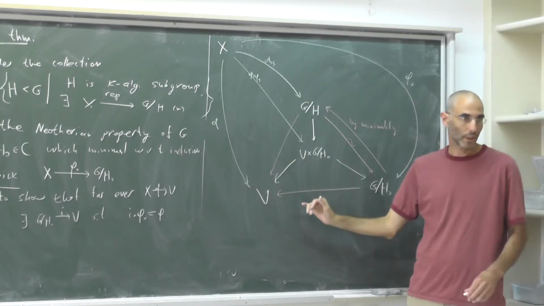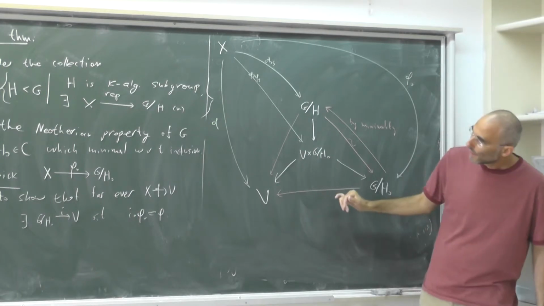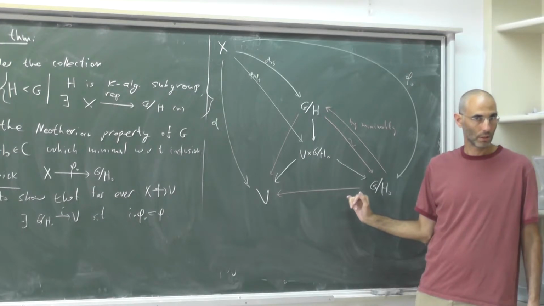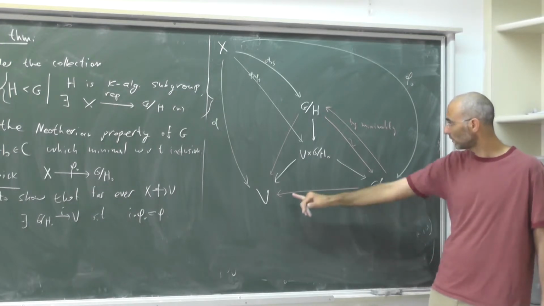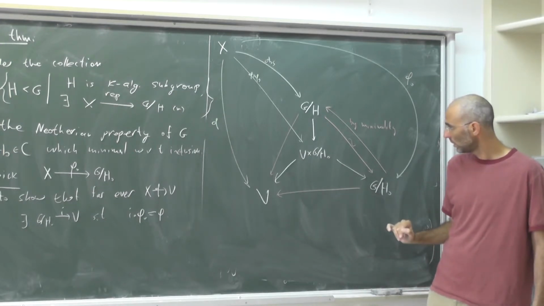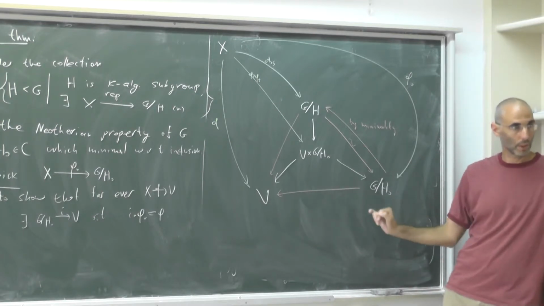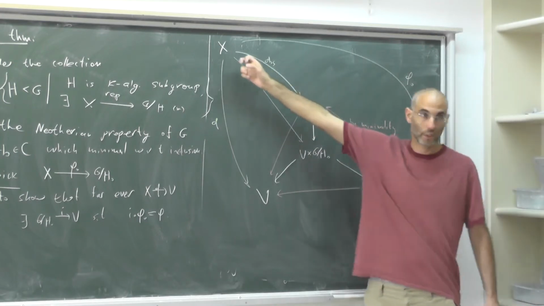And by the way, I said to begin with that this map is unique. I'll leave it for you to express this. It must be unique by the fact that it must commute with X.